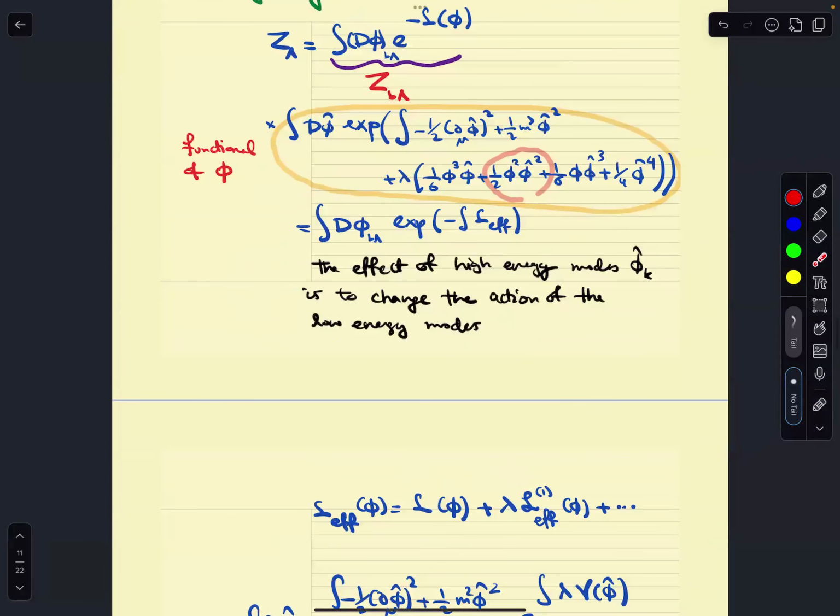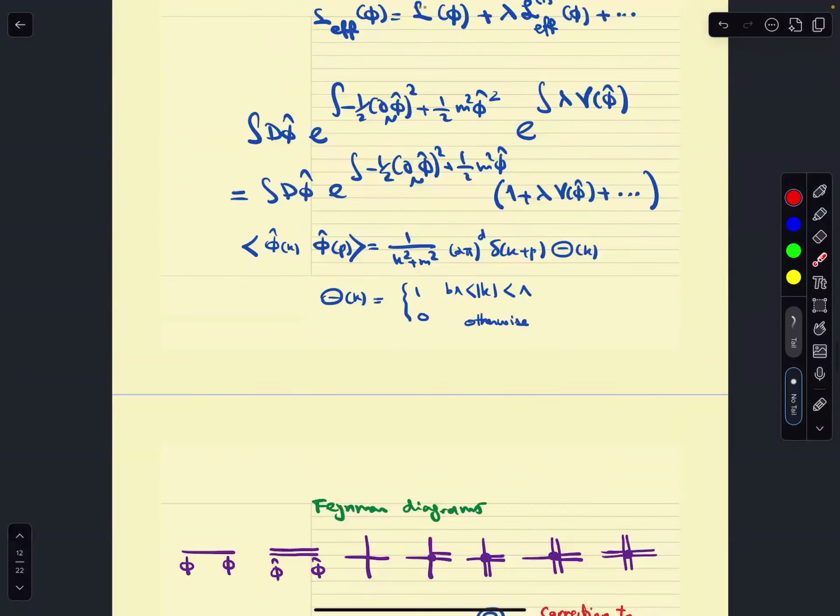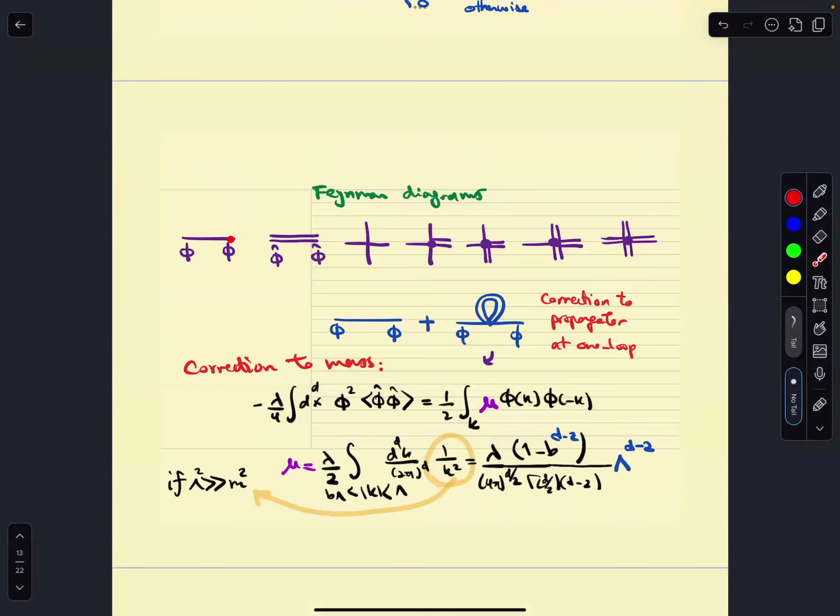So now if you carefully look at these interactions, what does it look like? The Feynman rules, you could write them down. If this is the propagator for the low energy fields, and this is the propagator for phi hat, we're going to have phi^4, that's in the initial Lagrangian.